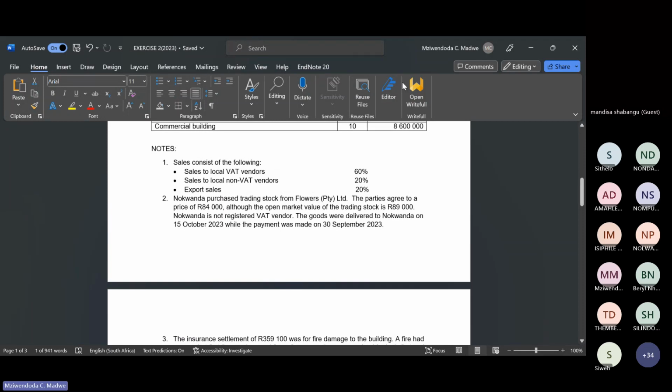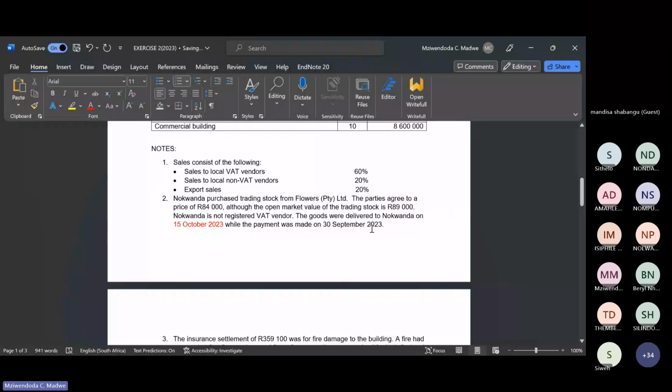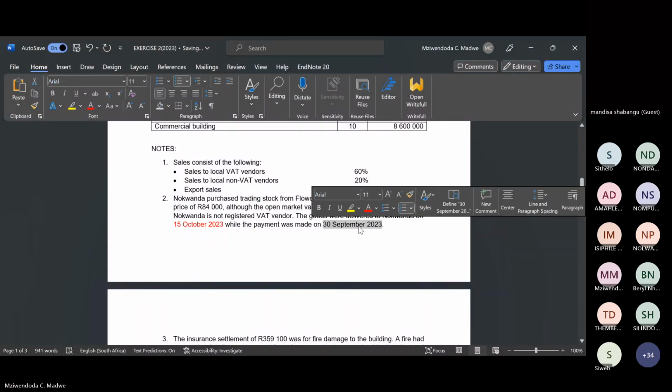In note number 2, last sentence, the goods were delivered to Nogwanda on 15 October 2023, while the payment was made on 30 September 2023. So we have two dates here.